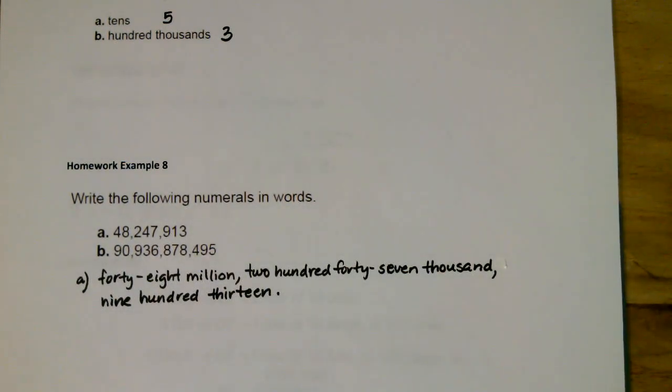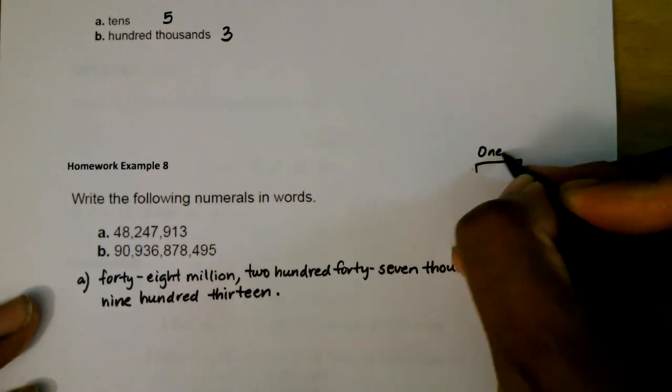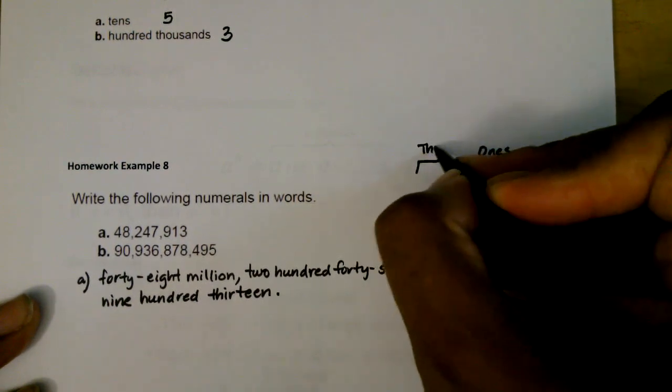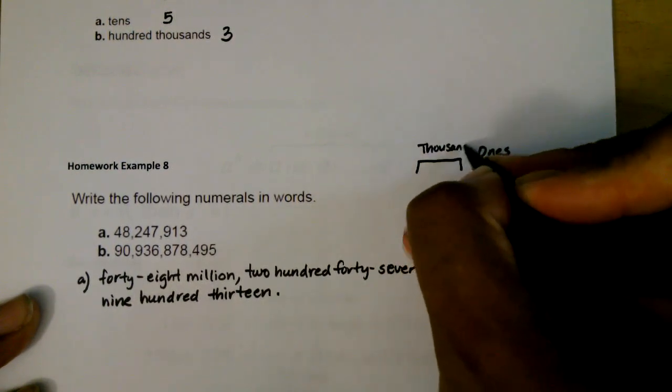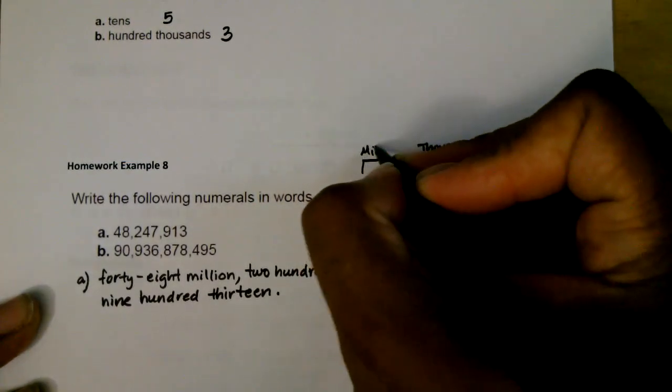Okay, that's how we write that in words. And keep in mind, we think of periods as this. You have the ones period, and then the thousands period, and then next is the millions period.